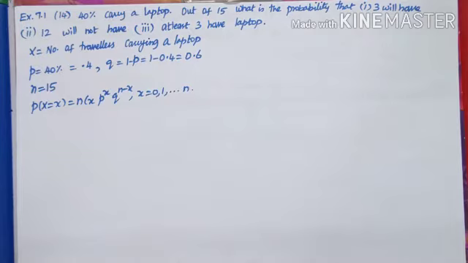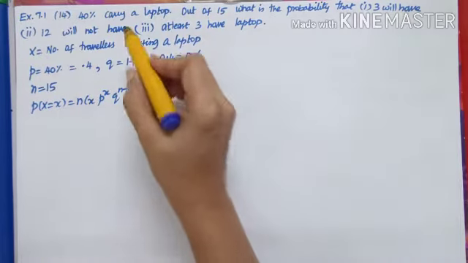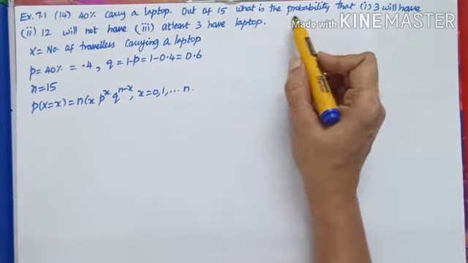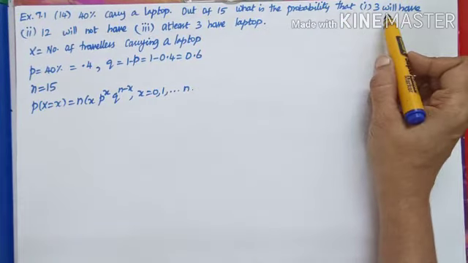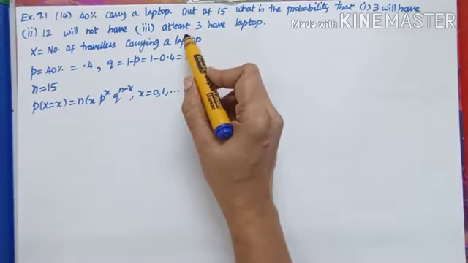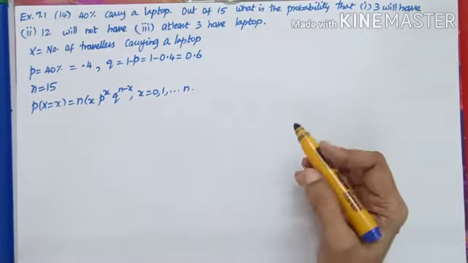Exercise 7.1, question number 14. 40% of business travelers carry a laptop. Out of 15 such travelers, what is the probability that 3 will have, or 12 will not have, or at least 3 have a laptop?